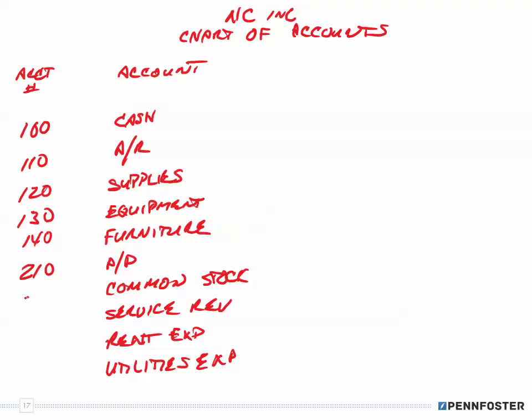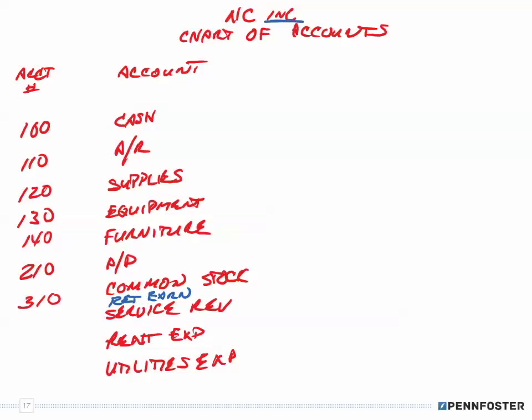Common stock, same thing. That's an equity account, so it's going to start with a 3, so I'd number that 310. Now notice, in the list that we had, it didn't give you a retained earnings. Well, I'm going to actually stick retained earnings in here, because this is a corporation, we're going to use a retained earnings account, and it's not on my chart of accounts.